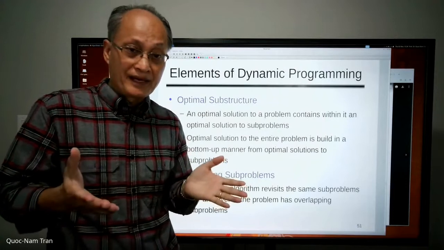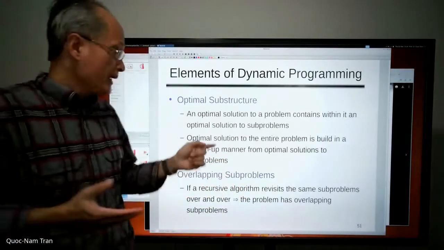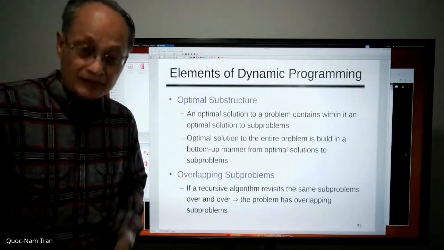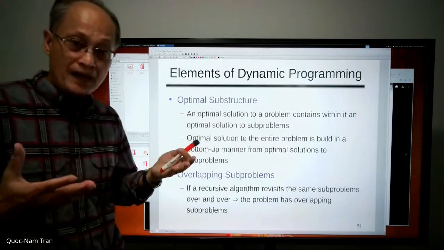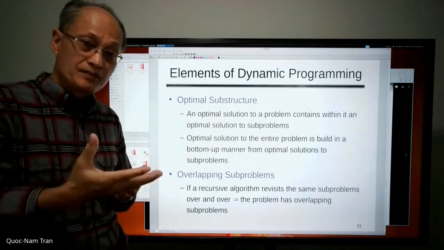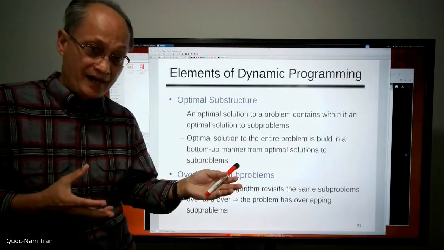So remember that when we learn about dynamic programming, we have to solve an optimal problem, and we have to know how to break the big optimal solution into the smaller one.